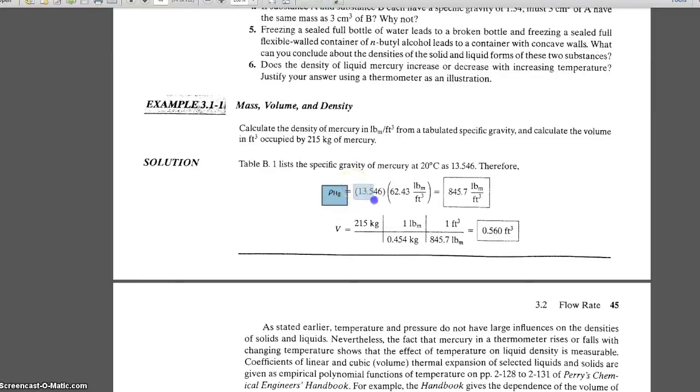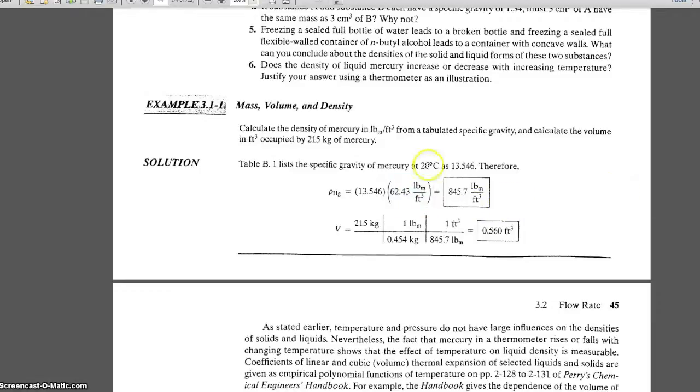This is the SG, and since they use pound per cubic foot, we use the third reference and multiply it, and you get 845.7 pound per cubic foot.